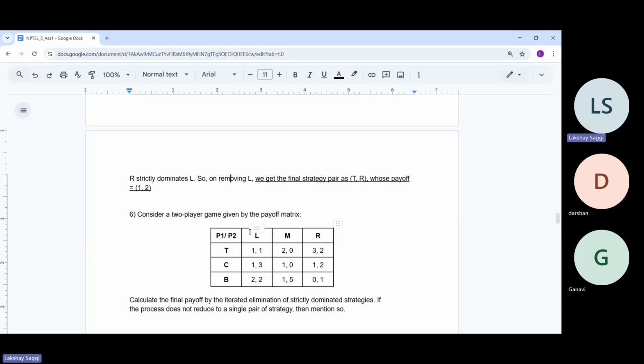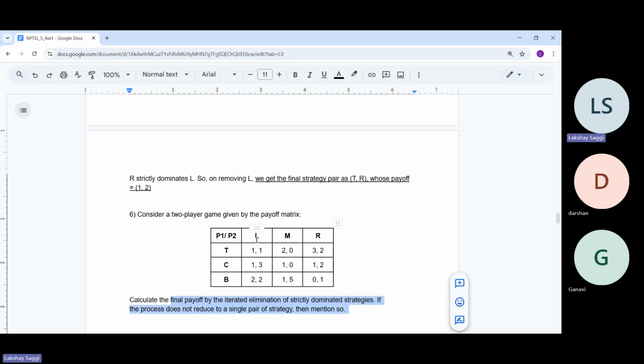Now we are talking about the 3x3 matrix, and the problem says to calculate the final payoff by iterated elimination of strictly dominated strategies. If the process does not reduce to a single pair of strategies, then mention so. So maybe we can see here whether there exists a pair of strictly dominated strategies, or does not exist a pair of strictly dominated strategies?